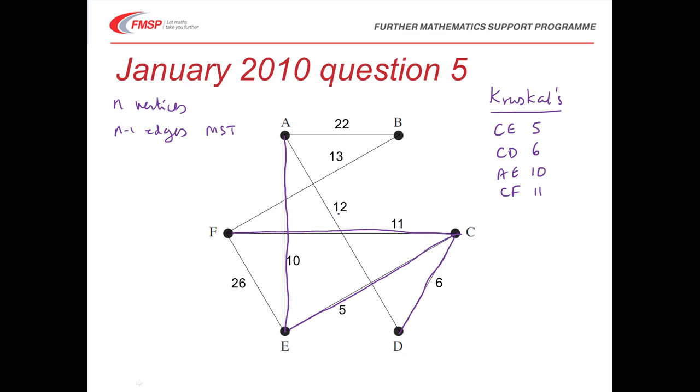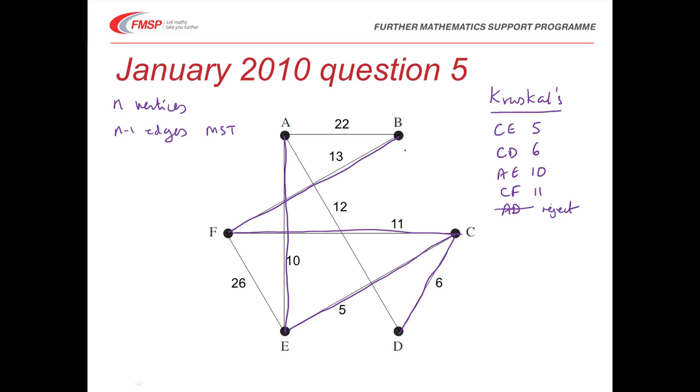And the next is the 12, AD. But hang on a minute, A is already in the set, and D is in the set, and now I look, A, E, D. If I put in D to A, that would complete a cycle. So A, D is rejected, because it would make a cycle. So not the 12 then, but the 13's okay.